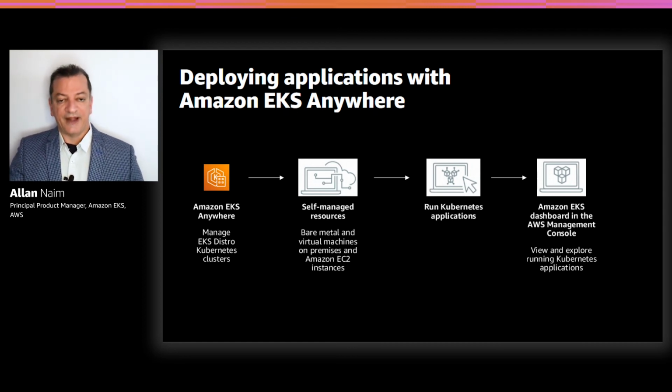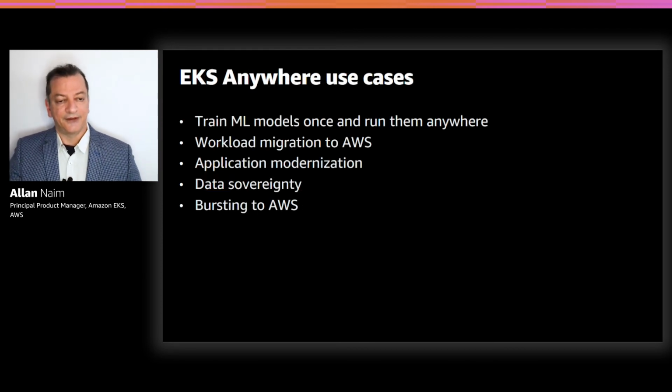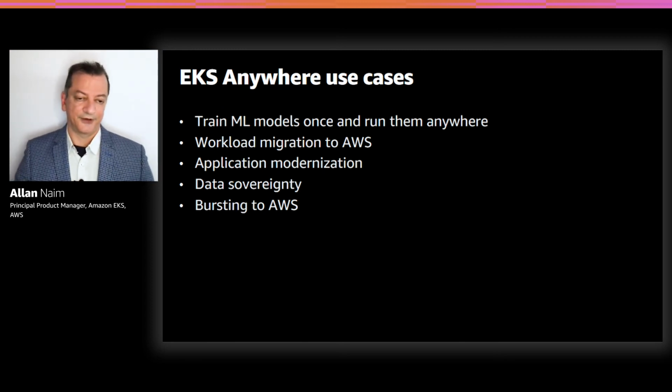When a security patch or new version of EKS becomes available, the cluster operator is notified using a variety of options such as the EKS dashboard, GitHub release channel, or an SNS topic. AWS now becomes the central place for you to run and operate your Kubernetes clusters across your on-premises and AWS environments.